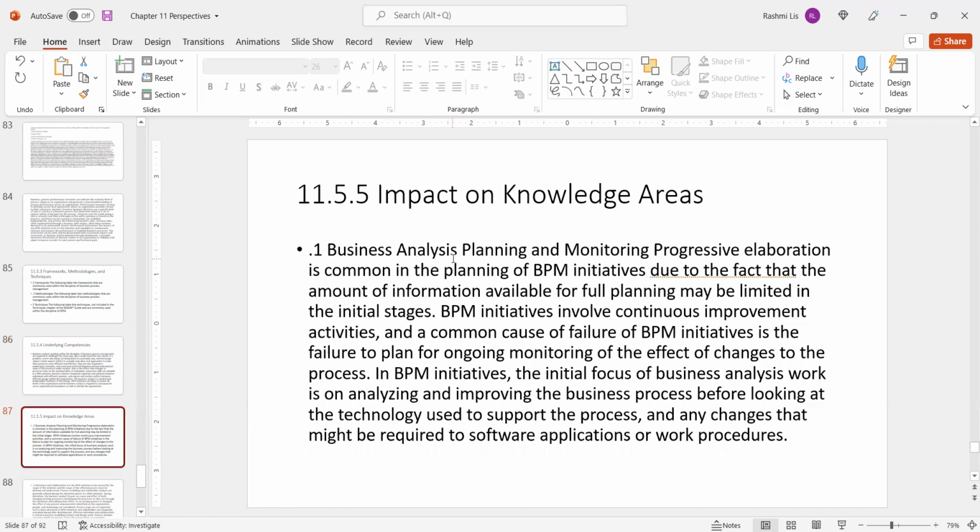Now, it's very interesting to read through the impact on other knowledge areas. As I said in my other episodes as well, please review the BABOK Guide to really sink deep into these perspectives, as some may impact your role, some may not impact your role, but for any sort of ECBA, CCBA, or CBAP exam, reading it over from all perspectives gives you a solid foundation of most of the perspectives that are out in the industry in which business analysis skills are used.